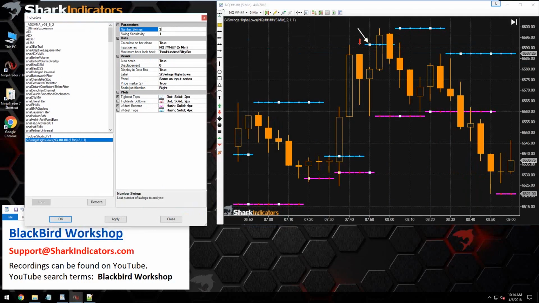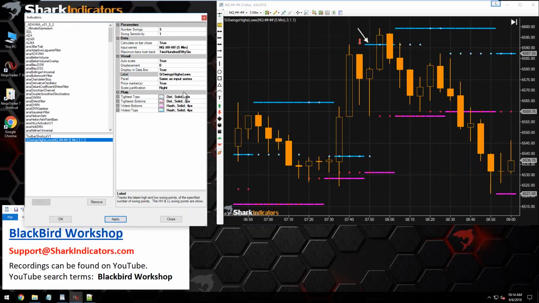Let's see what happens if we up the number of swings to 3. That still hasn't solved the issue, and it probably won't. The swing sensitivity is set down to 1, so that helps the swing highs and lows be detected as soon as possible, and 1 is the lowest number you can go.